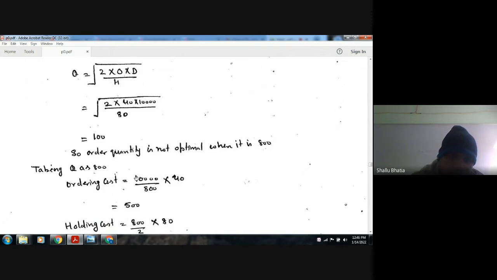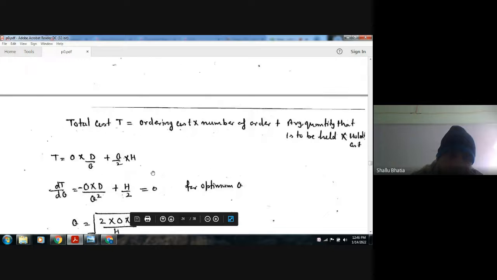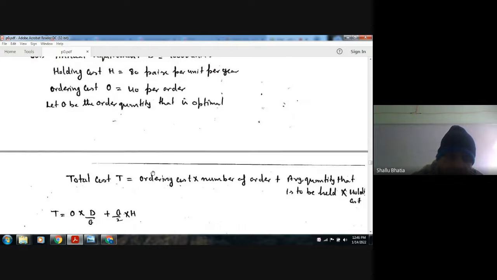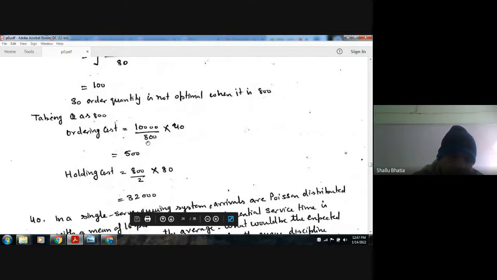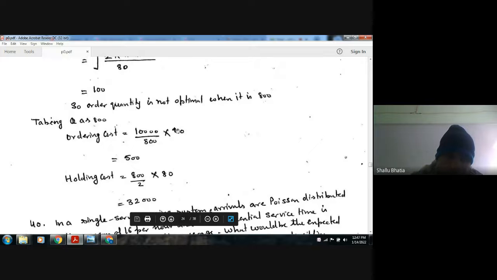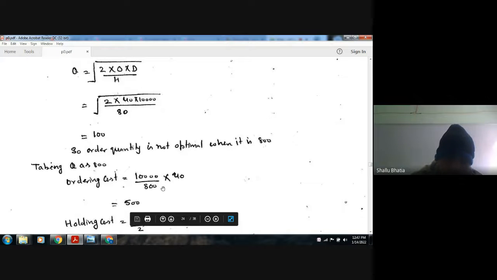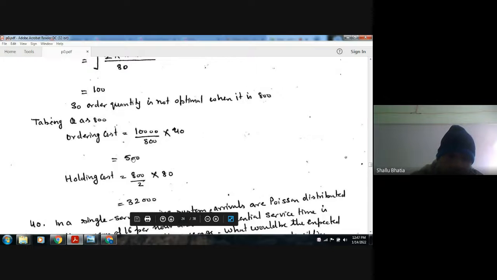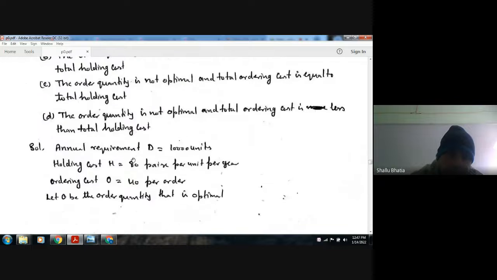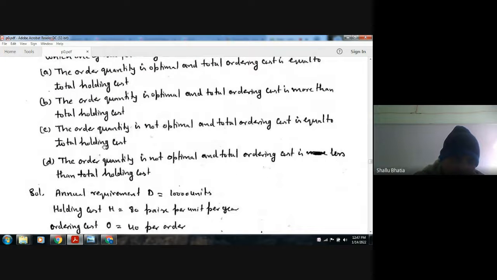For 800, the ordering cost is, if you put Q as 800, then the ordering cost will be 10,000 by 800 into 40. This is the number of orders and this is the ordering cost. And holding cost will be 800 by 2 into 50, which is 13,000. So it means the holding cost is more than the ordering cost. So the quantity is not optimal.